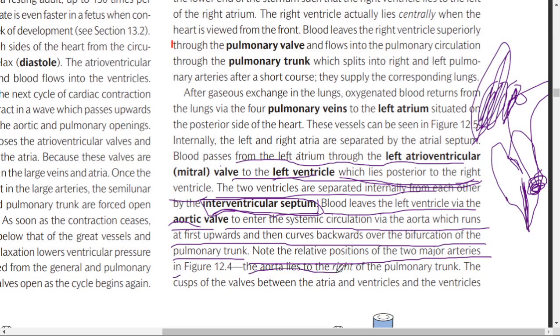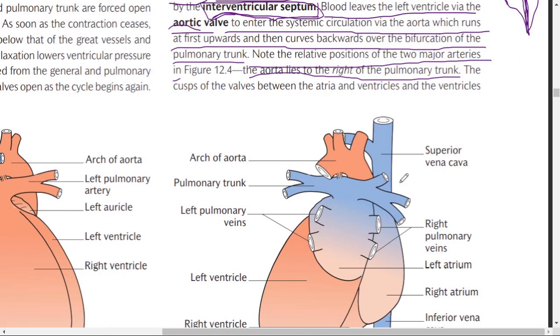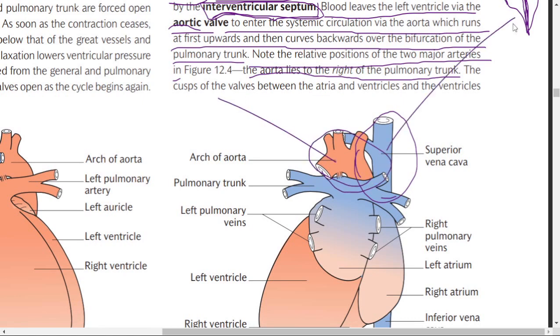The aorta lies to the right of the pulmonary trunk. This is the pulmonary trunk, and the aorta lies to the right, meaning here is the aorta, and this is the pulmonary trunk. Of course, this is right and this is left.